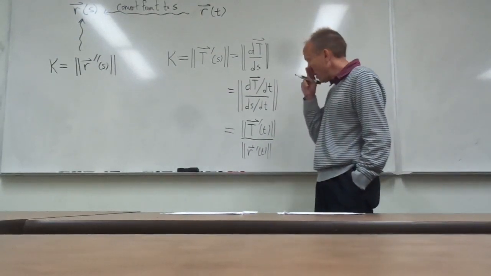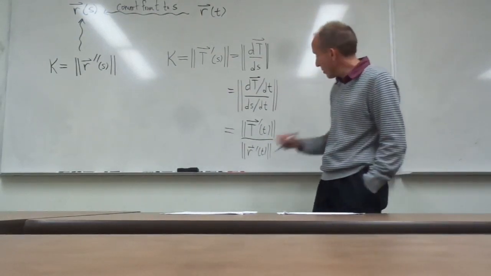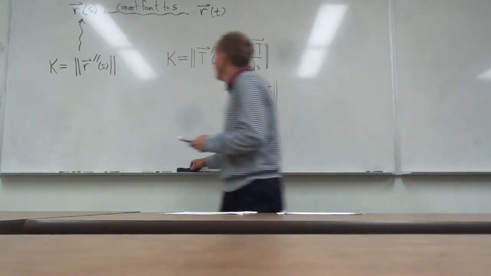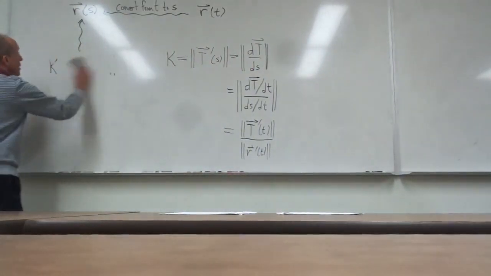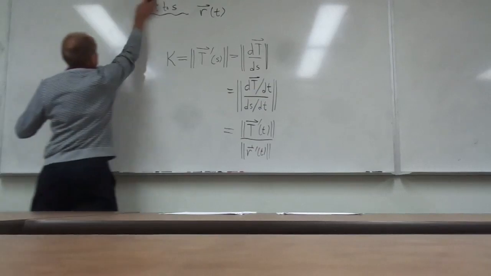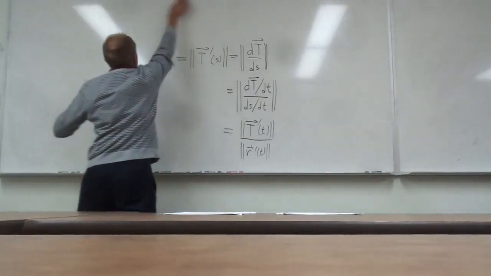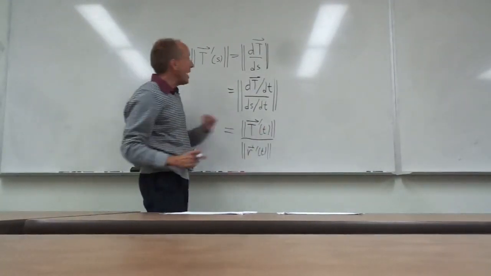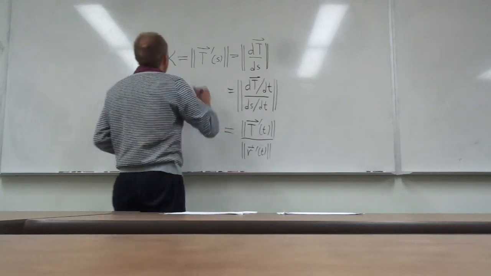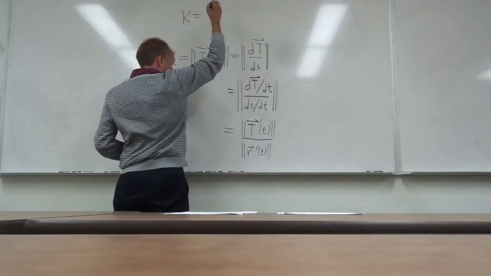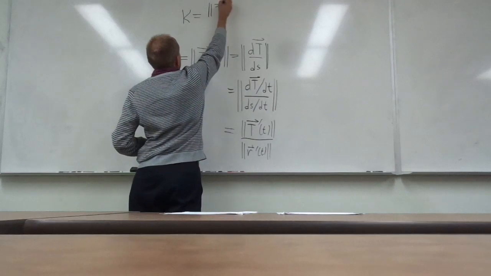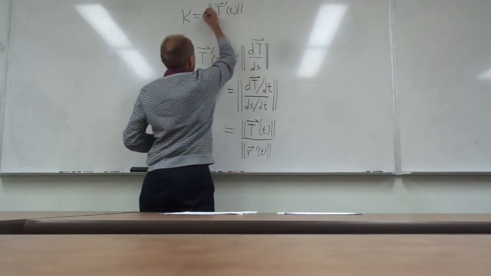So this is a perfectly good formula for the curvature, with everything expressed in terms of t. We can use it to find the curvature without having to go through the intermediate step of finding the arc length. Let me put this formula up here for the time being, and then we're going to use it right now. I'm just going to show you an example.